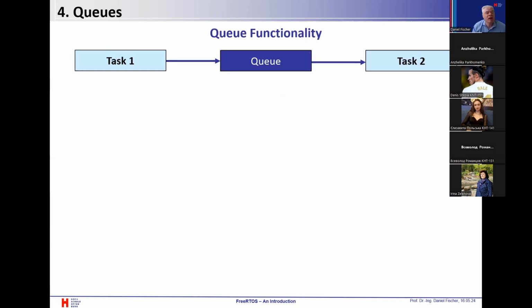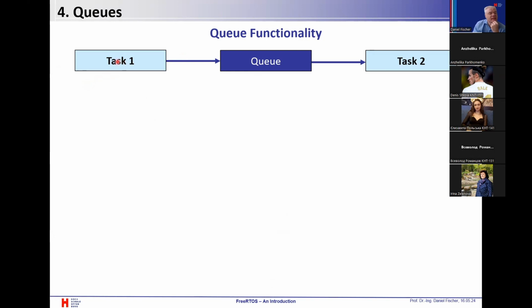Last chapter, a very short chapter, but a very important thing: queues. Queues are used for sending data from one task to the other. You should normally not use global variables anymore, also in FreeRTOS.